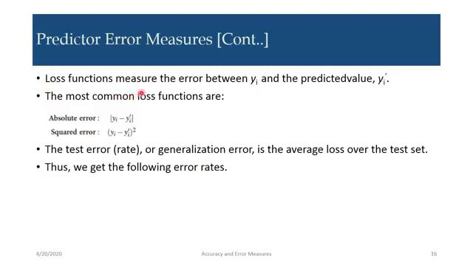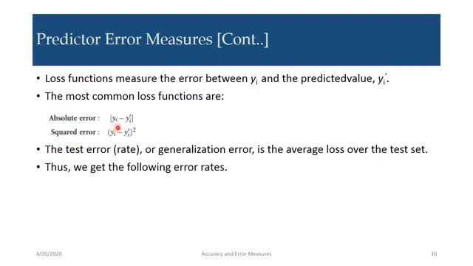Here loss function measures are used as the error between yi and the predicted value yi dash. So here the predicted value yi dash we have calculated and the response value is given as yi. So the loss function is used to find out the difference. The common loss functions are two errors we are calculating here: absolute error and squared error.